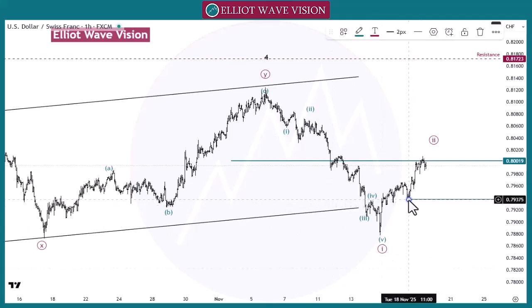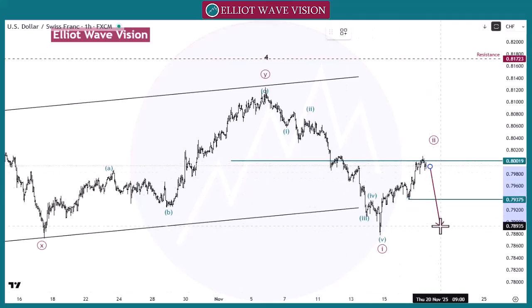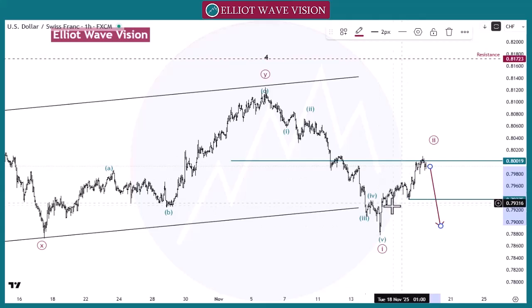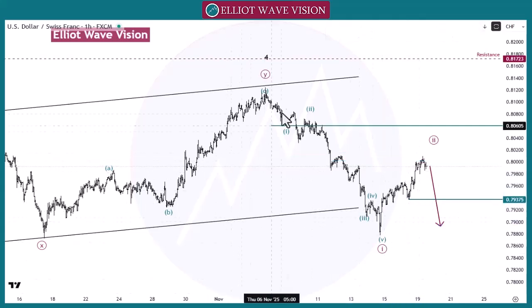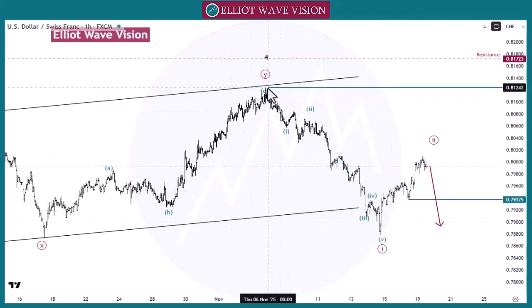We can go after this correction, we can go with this wave B. But if we go with this wave B, then we need to start our stop loss at this point.